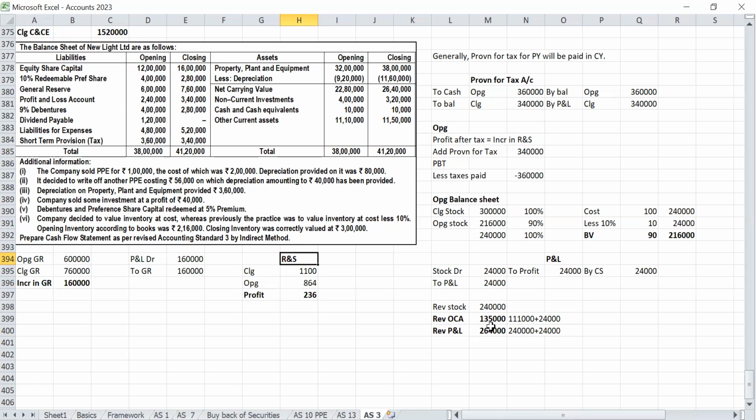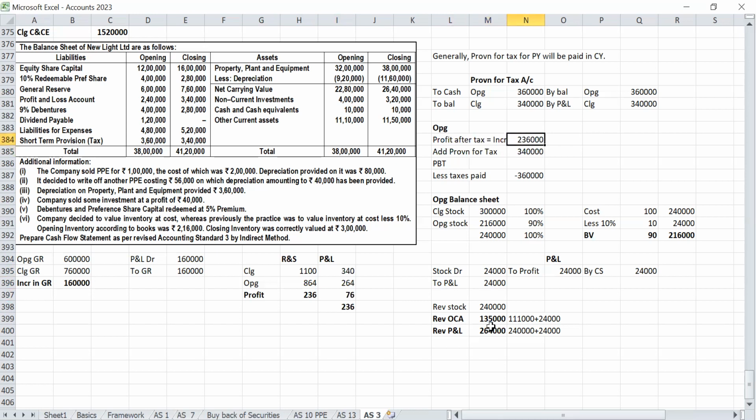Both I am taking. Or alternatively, you can take the profit and loss account alone first. The profit and loss account closing is 340. Opening is not 240; we have revised it to 264. So the increase in the profit and loss account is 76. Then 76 plus the transfer to general reserve 1,60,000, and then also you will get 236. So the profit for the year is 2,36,000.